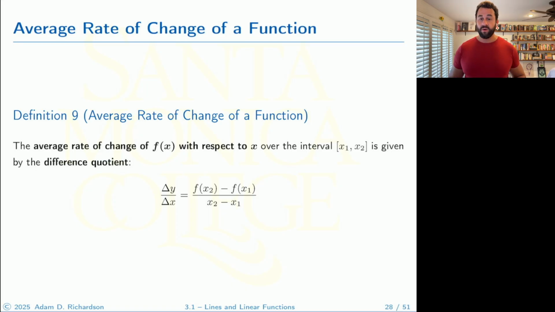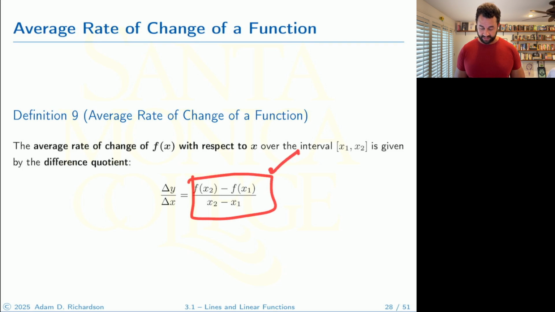Now, what is the average rate of change of a function? This should look very, very familiar. The average rate of change of f of x with respect to x over an interval x1, x2 is given by an important expression that we call the difference quotient. The difference quotient is literally the slope. The difference quotient is the slope formula.